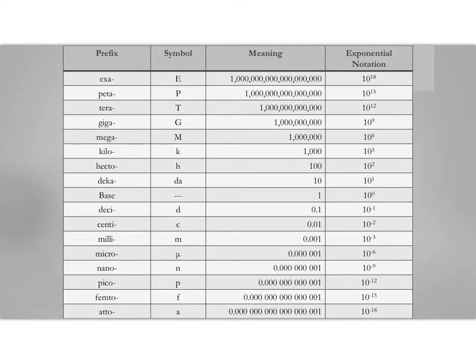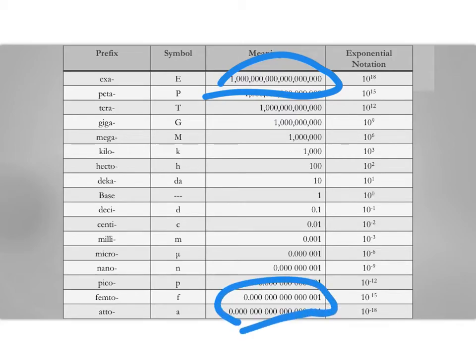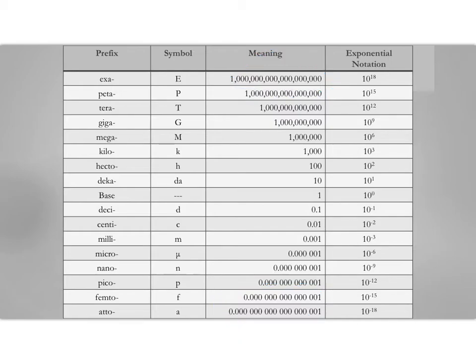All right, and then since we're talking about making measurements, we often need to use numbers that are either really, really, really tiny or really, really, really huge. And it gets very tedious at times to write numbers with that many zeros. And so it's easier sometimes to use exponential notation, as seen over there on the right.